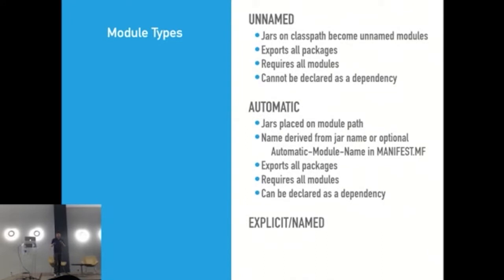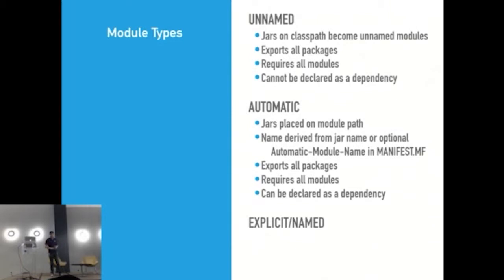Next, we have automatic modules, and this is when a jar is placed onto the module path. The name of an automatic module is derived either from the jar name by default, so if you had Spring Boot 1.53, that would just become the automatic module name of Spring Boot. It drops off the version number stuff.